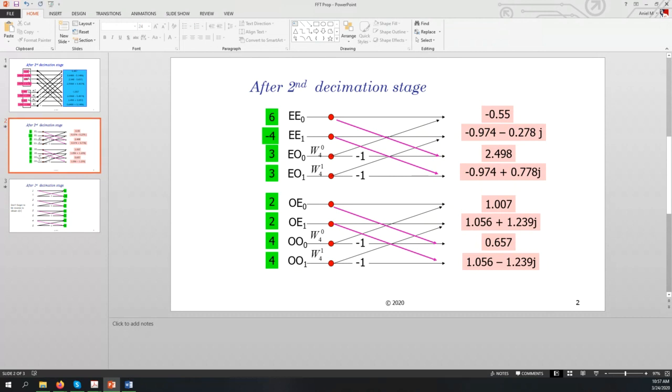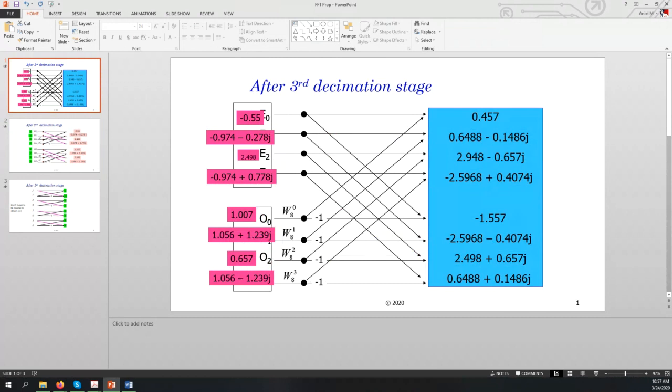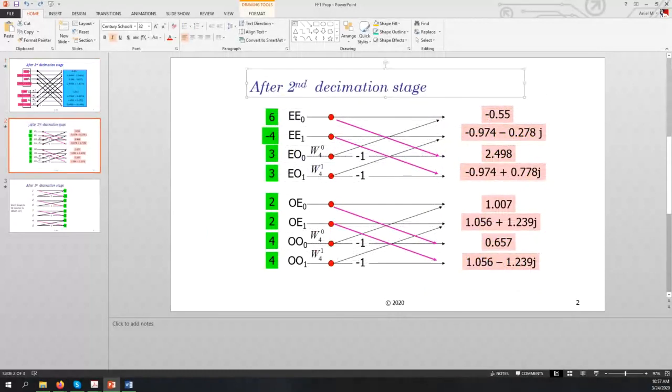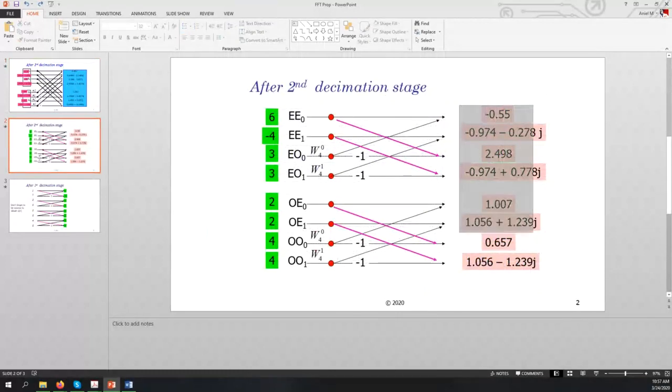Okay, so this is when we have the second decimation stage. The input here for the third decimation stage serves as the output of the second decimation stage. So once we have this output, and we have the Fourier transform parts set up for the butterfly diagrams, it's basically the same thing we're going to be doing again for solving it.